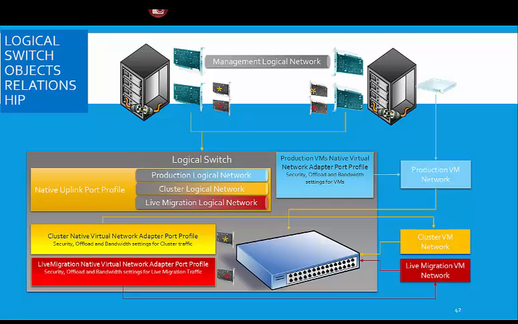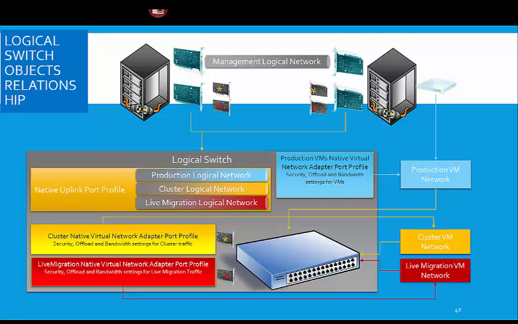The second physical NIC or network adapter on both the Hyper-V hosts is used by SCVMM to apply the logical switch template that includes one uplink port profile that provides access to the production, cluster, and live migration logical networks. Second, 2 virtual network adapter port profiles that create 2 virtual network adapters on each host to isolate the traffic and apply the bandwidth control.